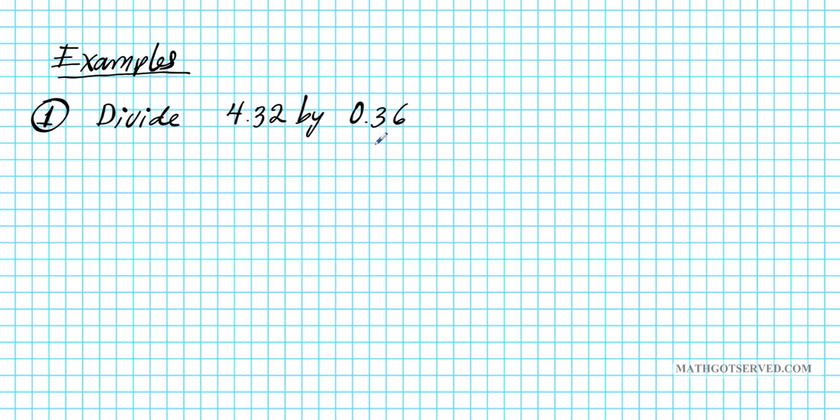Okay, so if I want to write this in mathematical form, this would be 4.32 divided by 0.36. Now this division expression is not in standard form. So if we want to write it in standard form, it's going to be written as 0.36, this is the divisor, divided into the dividend, which is 4.32.